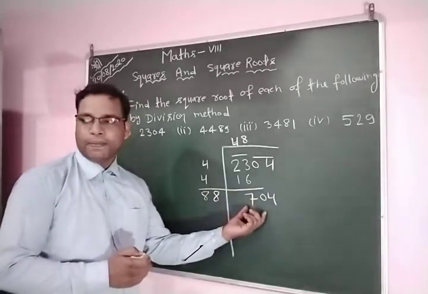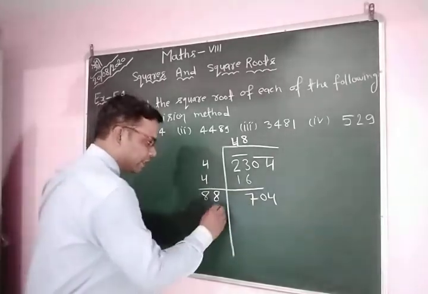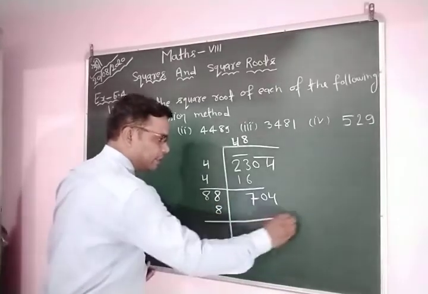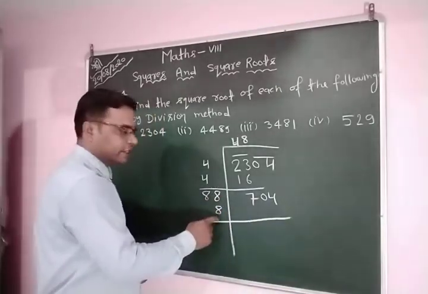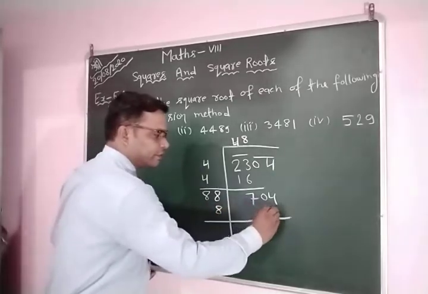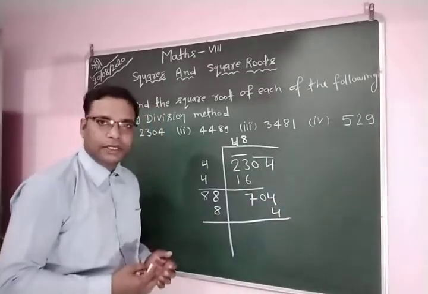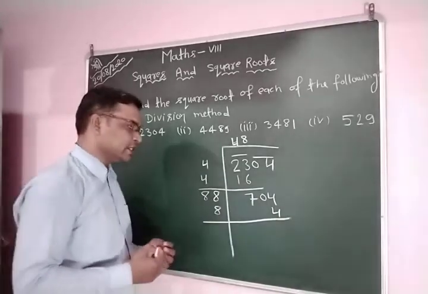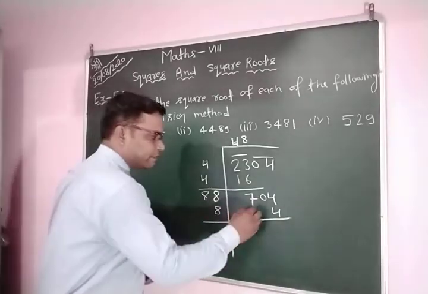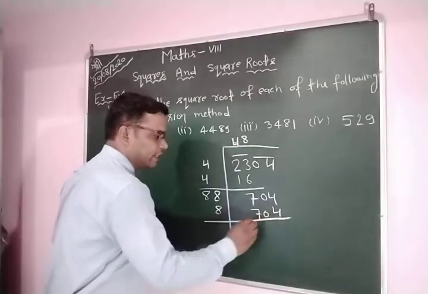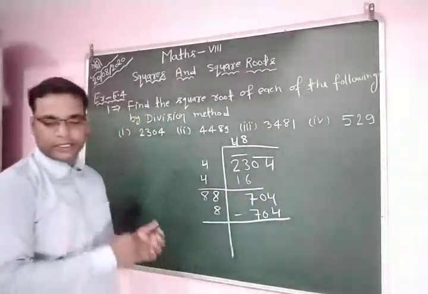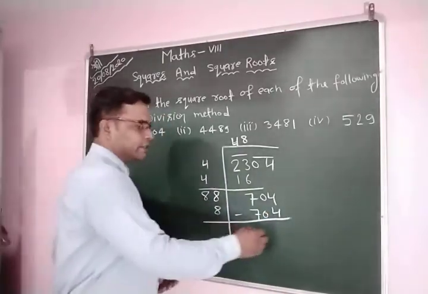So if you take 8 here and multiply 8 by this 8, 8 8s are 64, carry 6, and 8 8s again 64. 64 plus 6 is 70. Then you subtract this and you obtain 0.